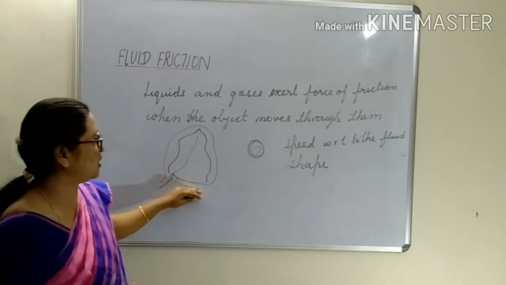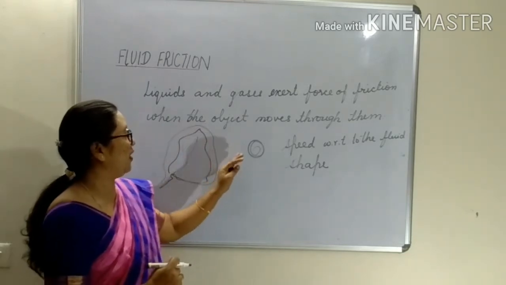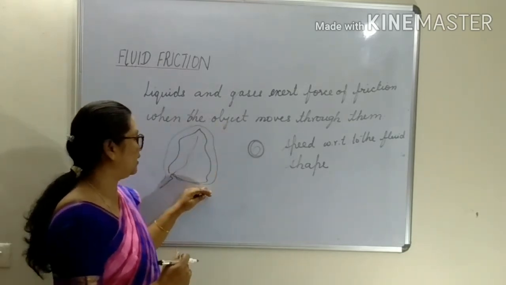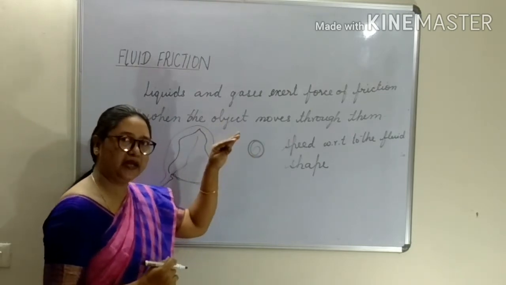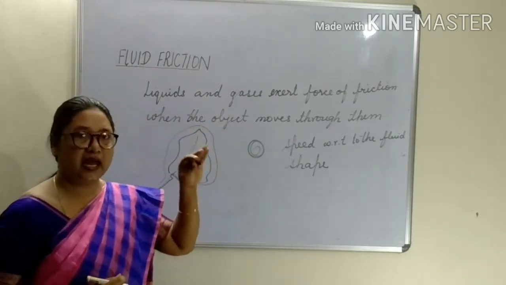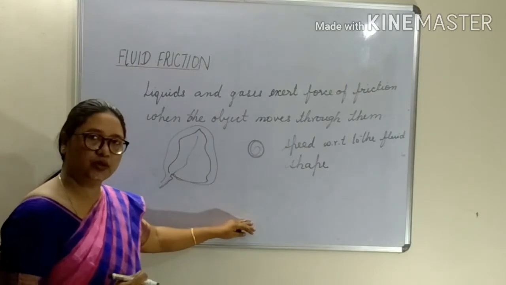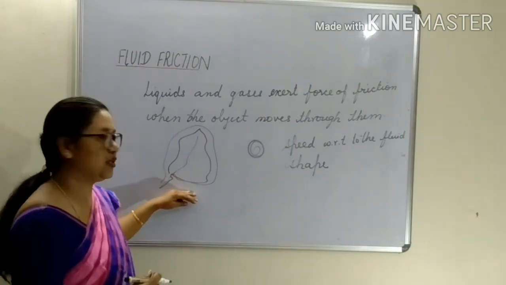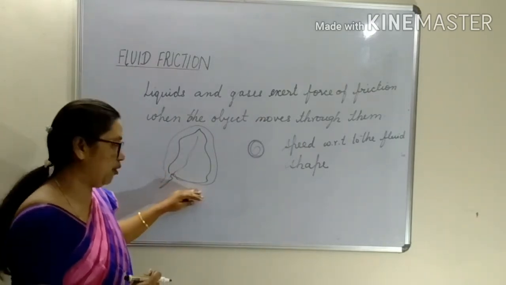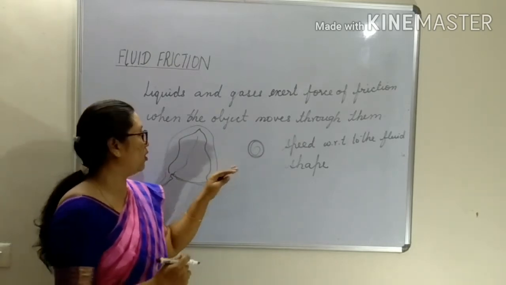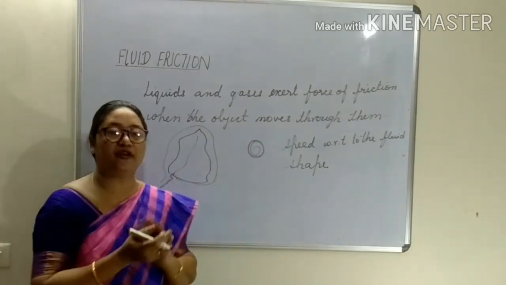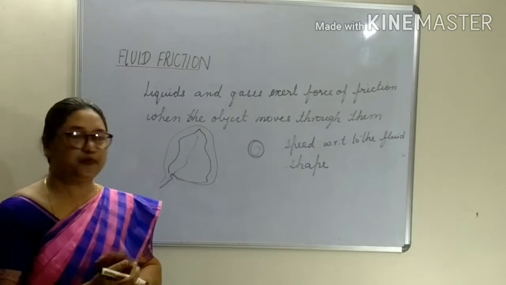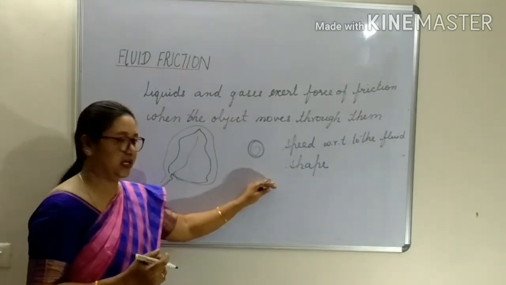So now just remember that when we are dropping the leaf and the fruit from the same height and at the same time, then the fruit will reach the ground faster as compared to the leaf because of the shape of the leaf plus because of the force of friction, air resistance experienced by both the objects.